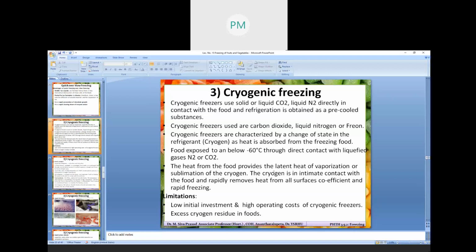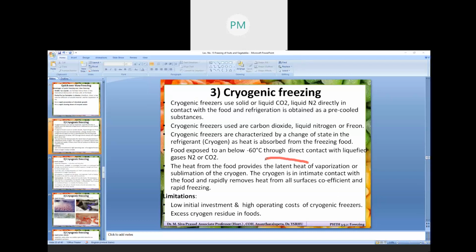Say, for example, the removal of heat from a foodstuff is the key for freezing. If it is able to take out the heat from, for example, a strawberry quickly, that helps in quick freezing.